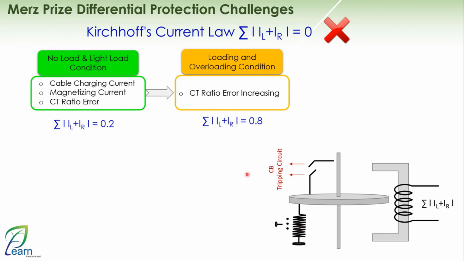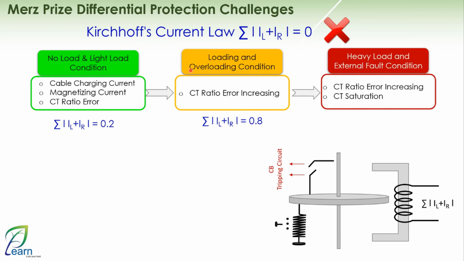Okay, keep in mind that here we move from the green zone to the yellow or orange zone, and then we move to the red zone, which is when you have a heavy load or an external fault condition. Here it increases significantly, plus there's a possibility of CT saturation due to the passage of high currents.